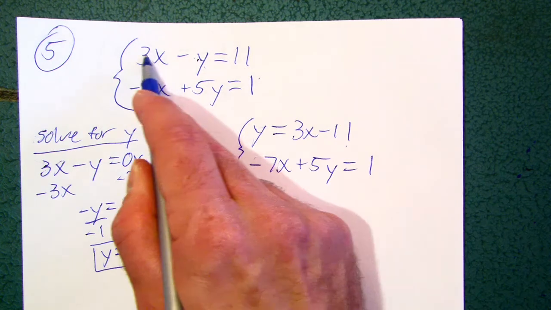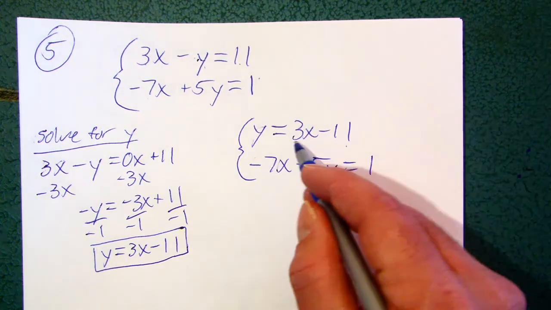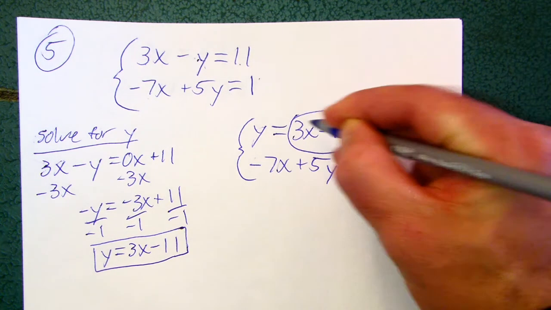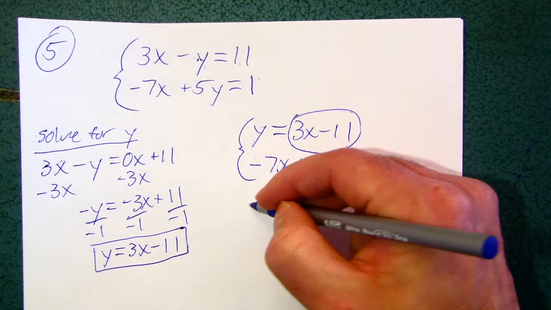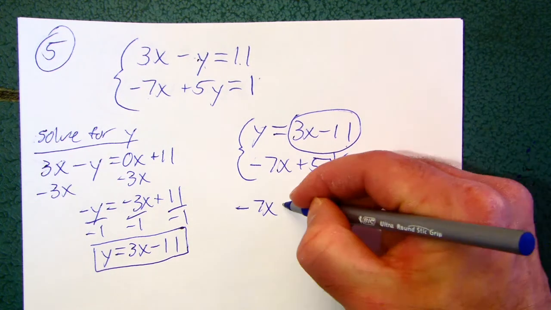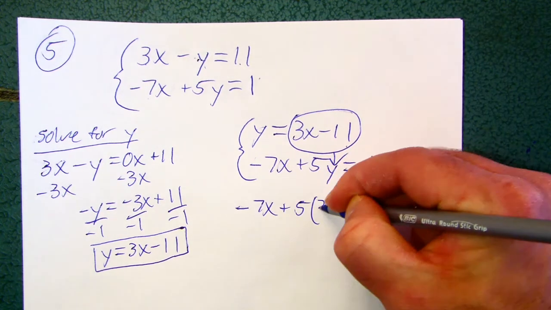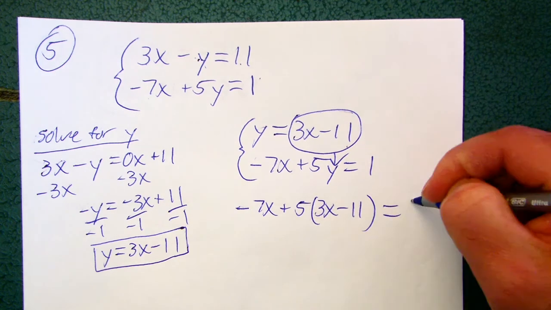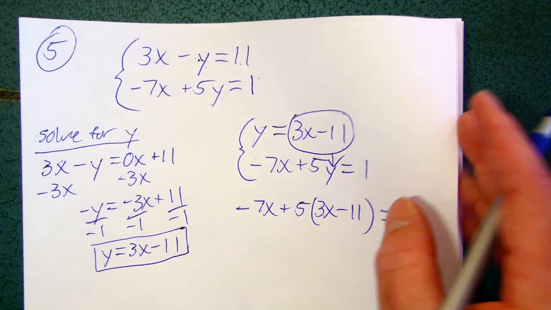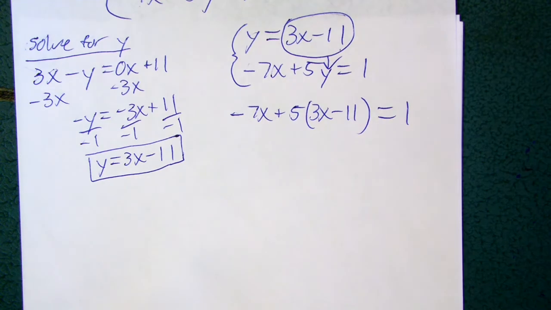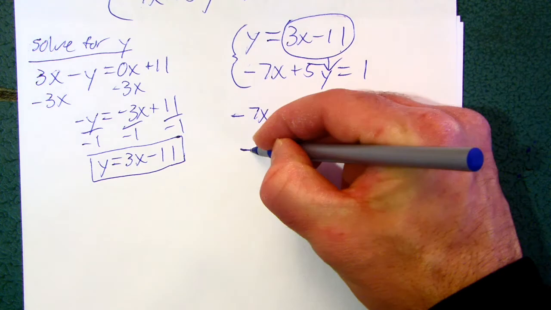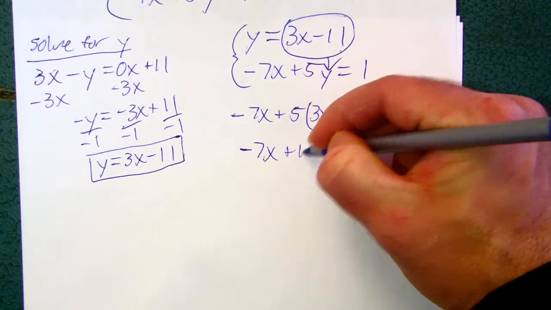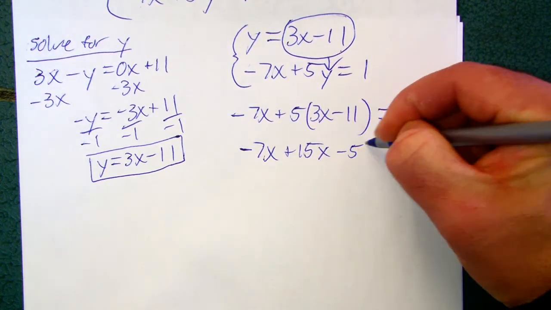Again, I just rearranged the first equation. So now I can take my y equals 3x minus 11, substitute that in right there. So I got negative 7x plus 5 times 3x minus 11 equals 1. So I got negative 7x plus 15x minus 55 equals 1.